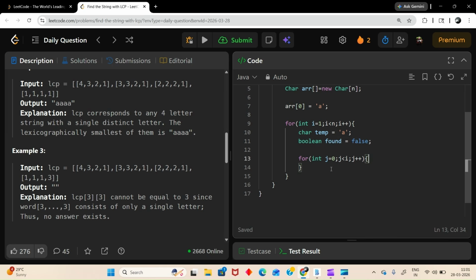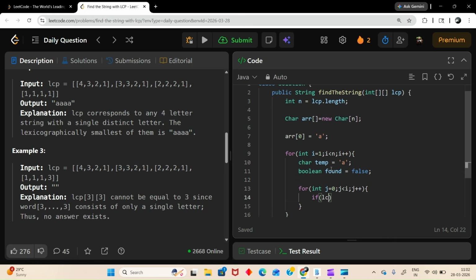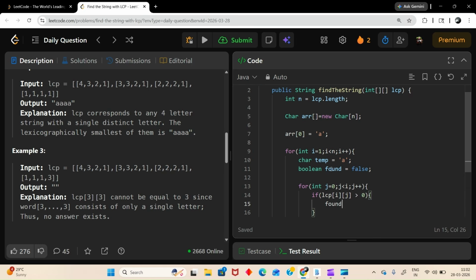Now here, if my LCP of i and j is greater than 0, then we'll set found as true. Before that what we have to do is ARR of i is equal to ARR of j.